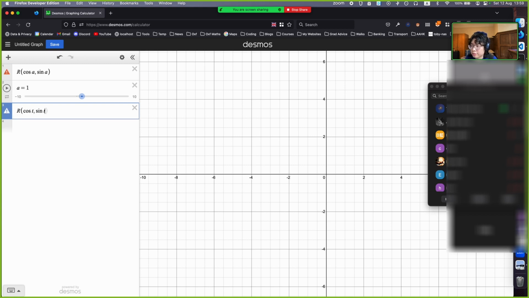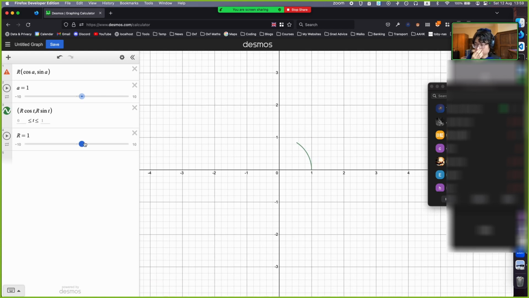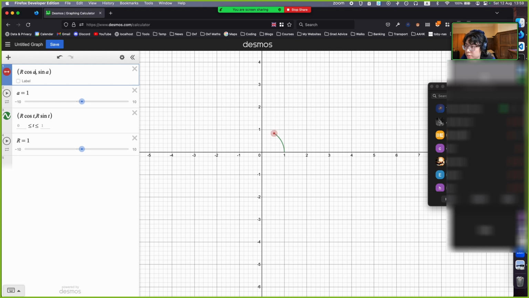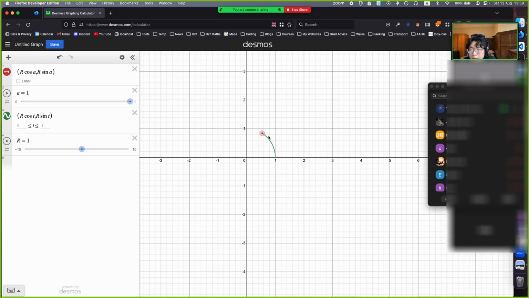I have to do this again for the t case because that's just how Desmos works. Let's say R is 1 again. This also needs to be within the bracket. Annoying.